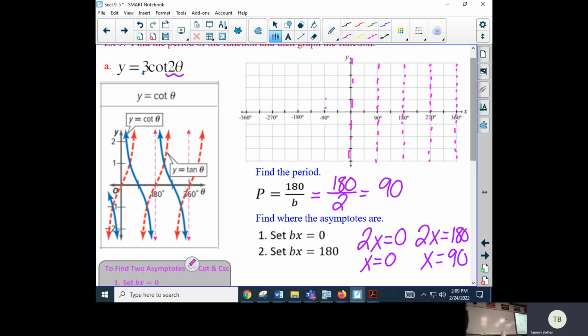So you're just going to have double the tangent or cotangent functions labeled. And you want to make sure that you have your asymptotes in the right spot. And then in between each of these is going to be your x-intercept. And remember, cotangent starts high, goes low, from left to right.